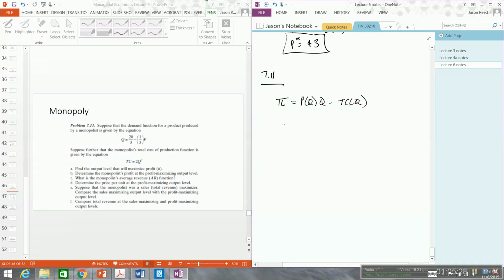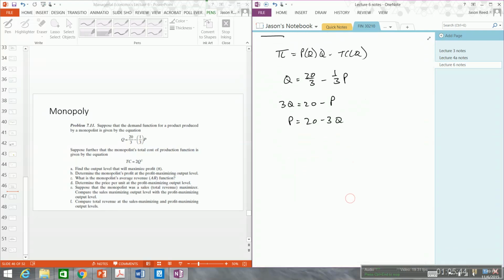So we have Q is equal to 20 over 3 minus 1/3 P. Let's multiply everything by 3. So we get 3Q is equal to 20 minus P. So we have P is equal to 20 minus 3Q. Let's plug in to profit. Profit is equal to 20 minus 3Q times Q minus 2Q squared.